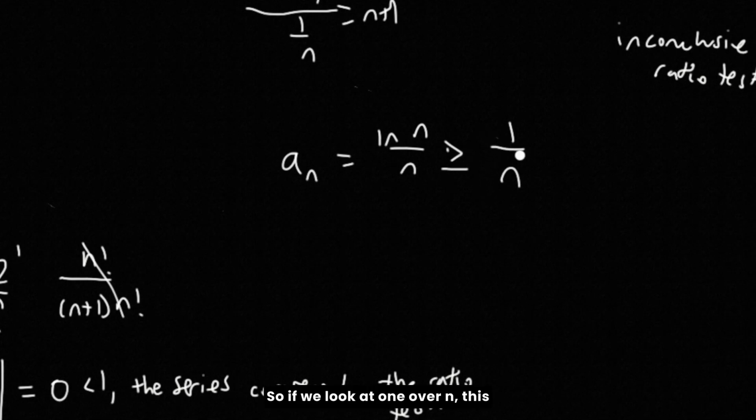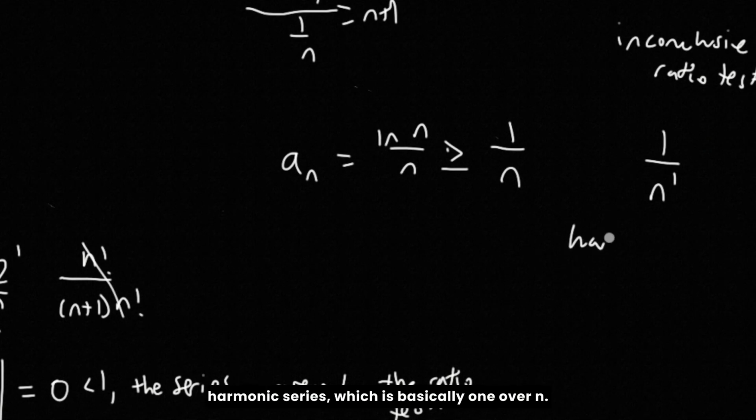So if we look at 1 over n, this is basically 1 over n to the 1. And by the p-series test, we can tell that the series diverges. And this is also a form of the harmonic series, which is basically 1 over n.